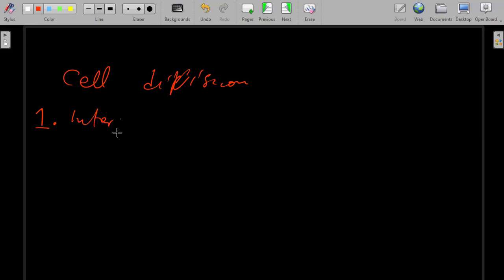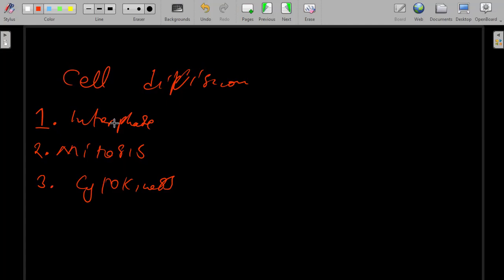The second part is what we call mitosis. Then the last part, the third part, is what we call cytokinesis. So these are the three parts of your cell division.